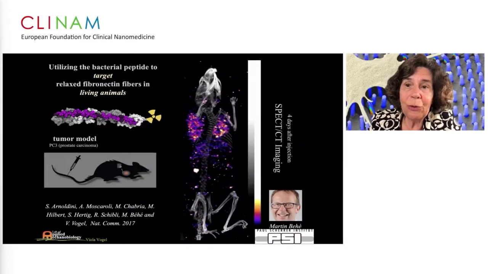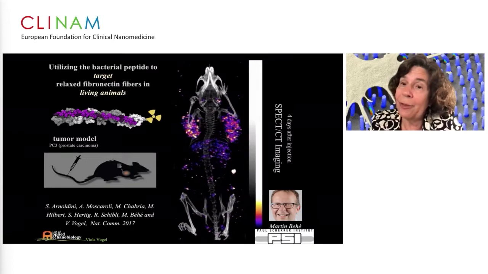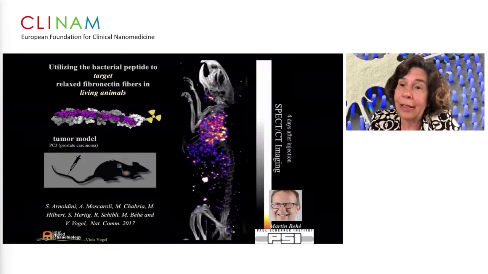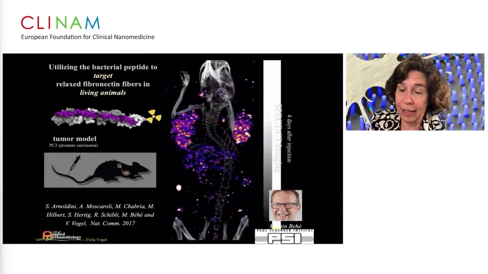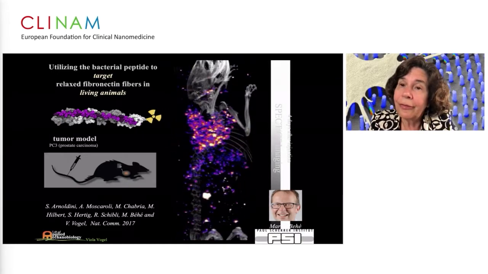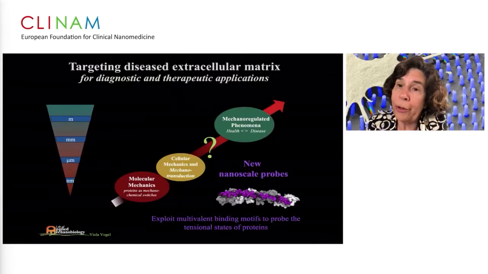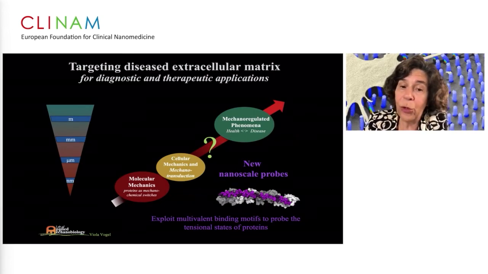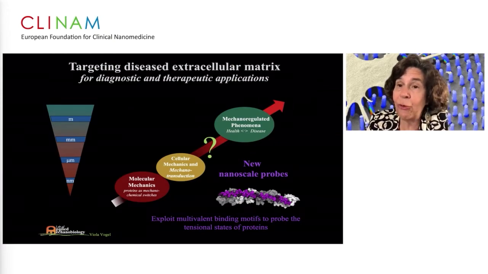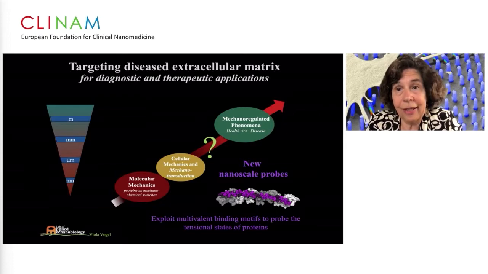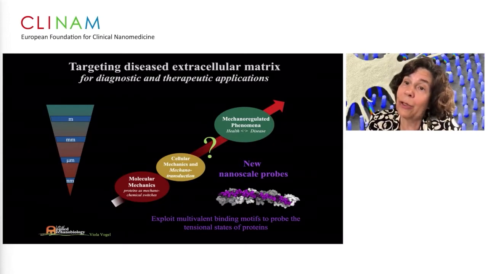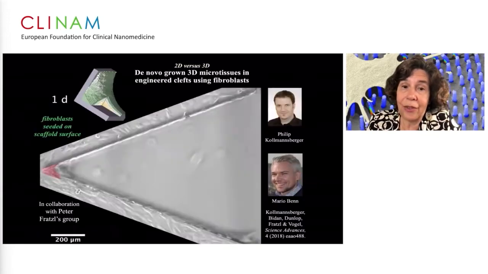This is a beautiful collaboration that we have established with Martin Beer at the PSI in Switzerland. We hope to develop this probe as a new nanoscale probe by exploiting multivalent binding motifs to probe the tensional state of proteins at the tissue level and to utilize these probes for diagnostic applications.